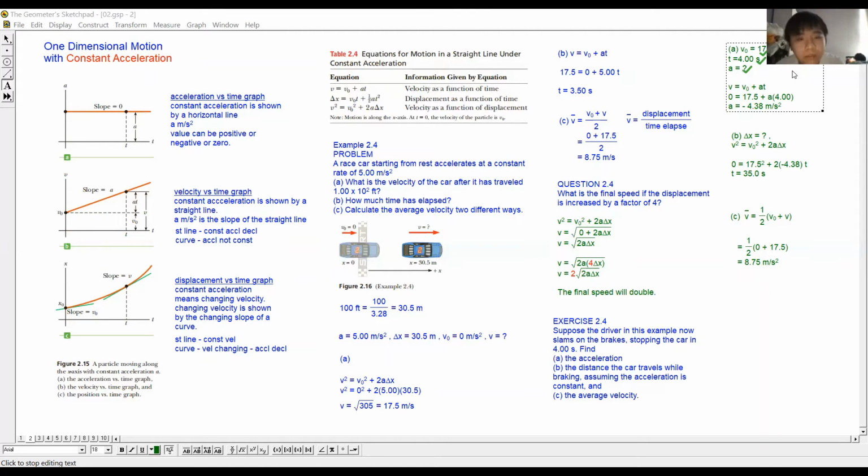If you look at all the physical quantities listed here, and you look back at the three given equations, which equation can we use to solve this problem? We have v, v naught, a, and t. The first one, second one, or the third one?